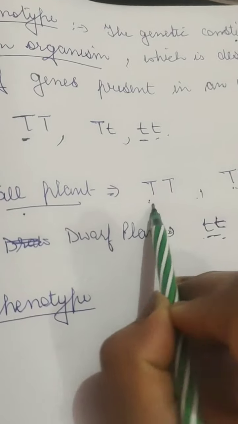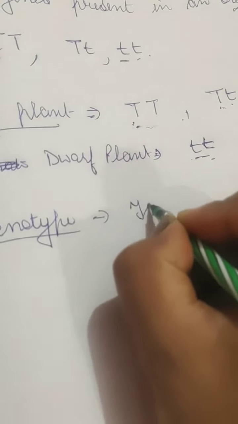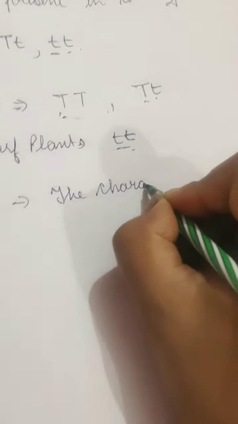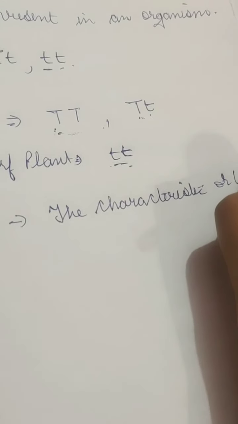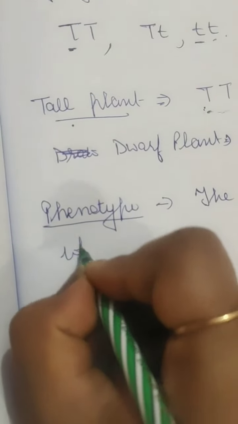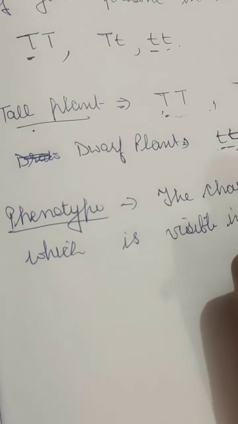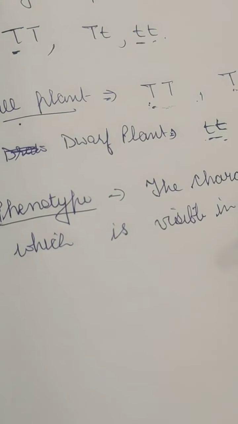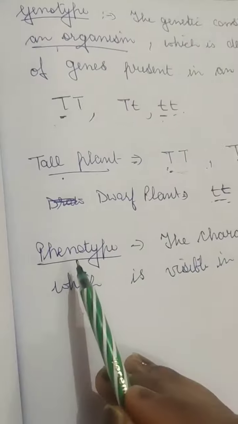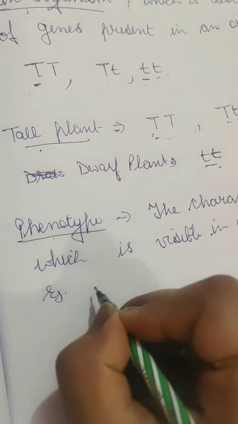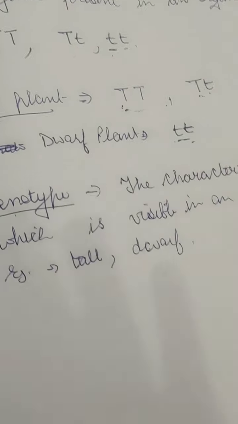So genotype is the constitution or description of the genes present in the organism, and phenotype is what we see, the characteristics or traits visible in an organism, for example a tall or a dwarf plant.